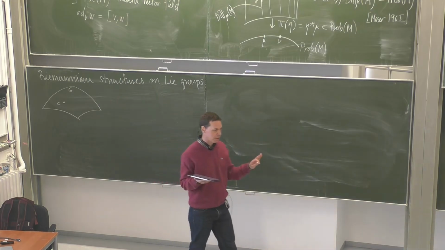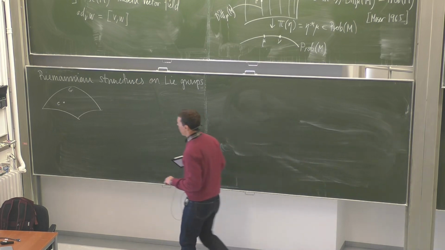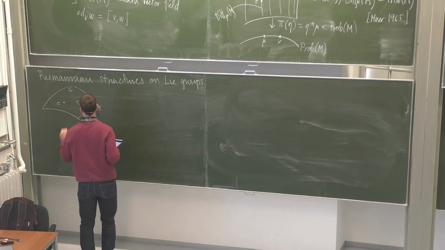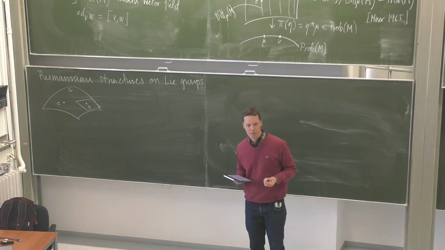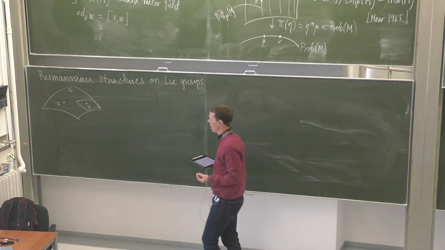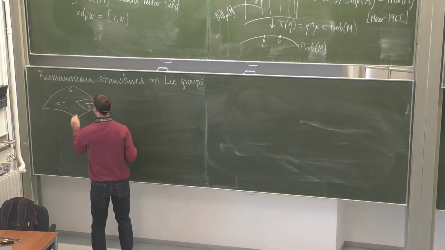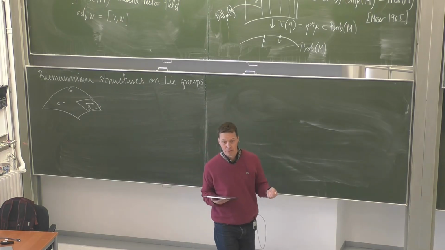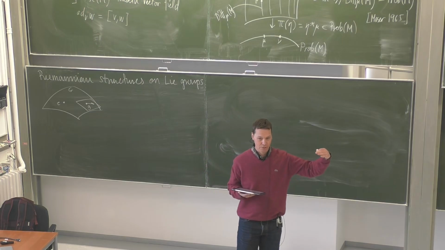It means that on each tangent space, we need to specify an inner product. There's a natural way to construct inner products on a group because you have the group structure. The group acts on itself. You lift that action, and it's going to act on its own tangent vectors.